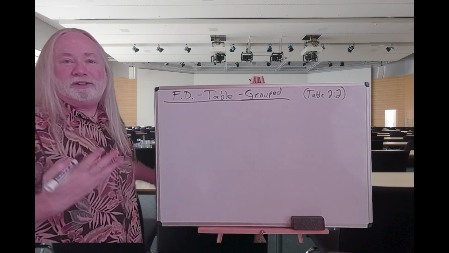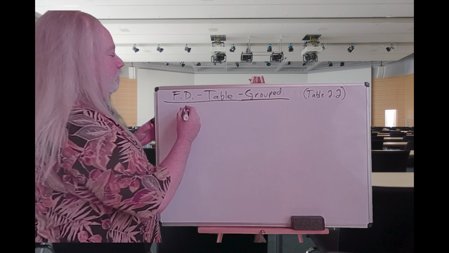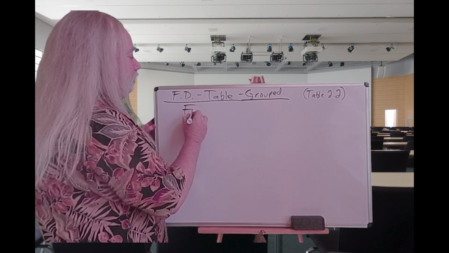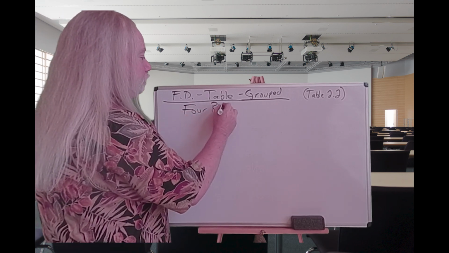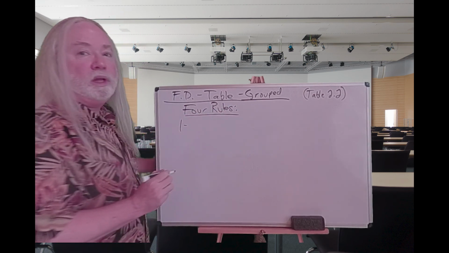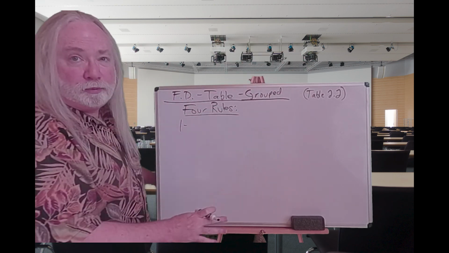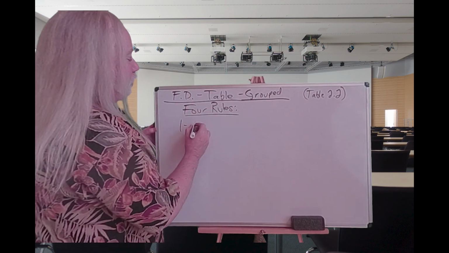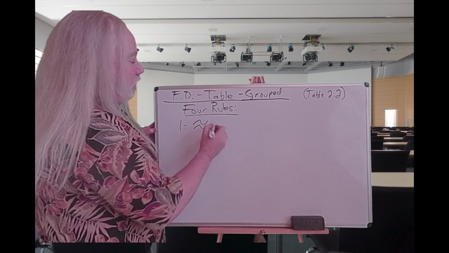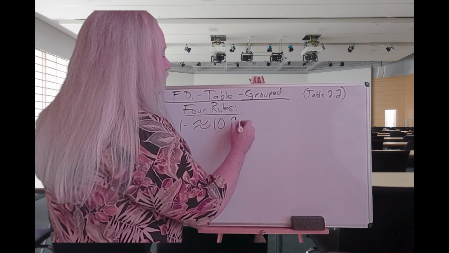They're called rules, though they're kind of guidelines, some of them are a little smushy, but 4 rules for building these tables. The first thing is that our finished grouped frequency distribution table should have approximately 10 class intervals.